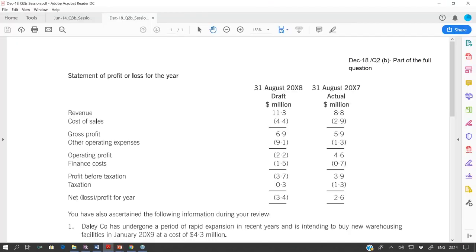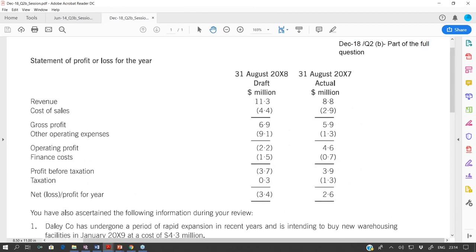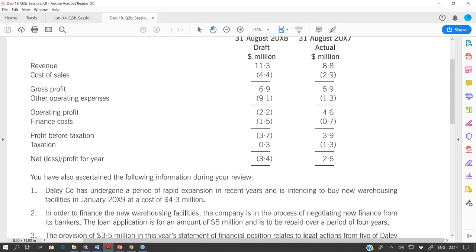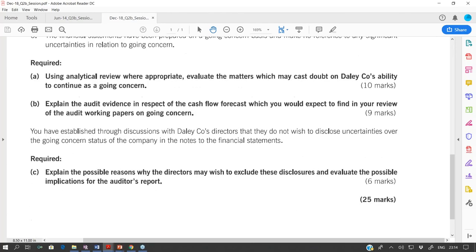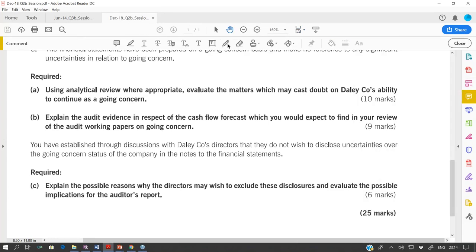Now can you see in front of your screen, this was question 2B of the last exam sitting. This was basically a question on going concern reporting. Question 2 is a reporting question in the new format of the paper. But at the end of the reporting question, the examiner gave 8 or 9 marks on evidence.